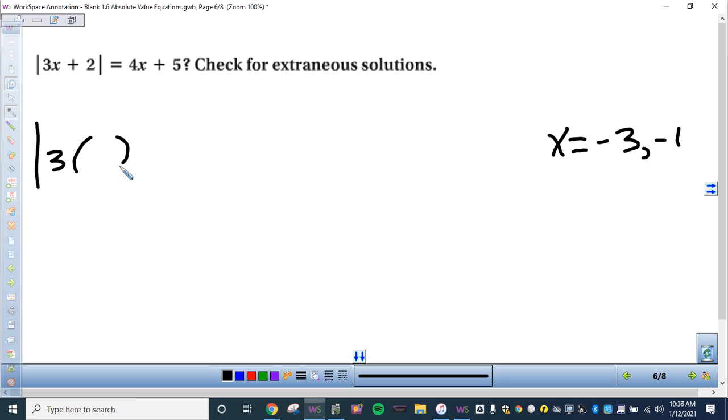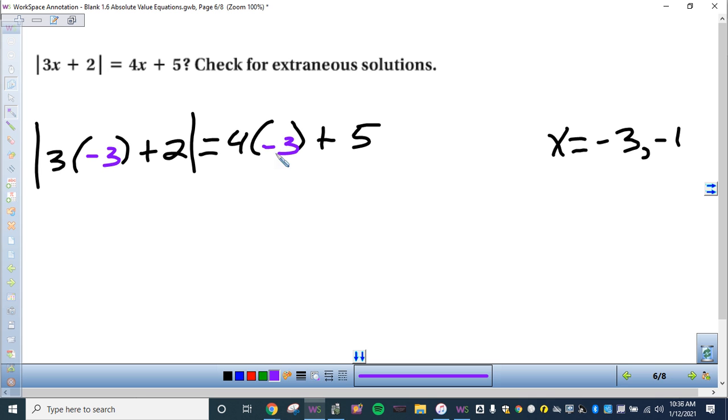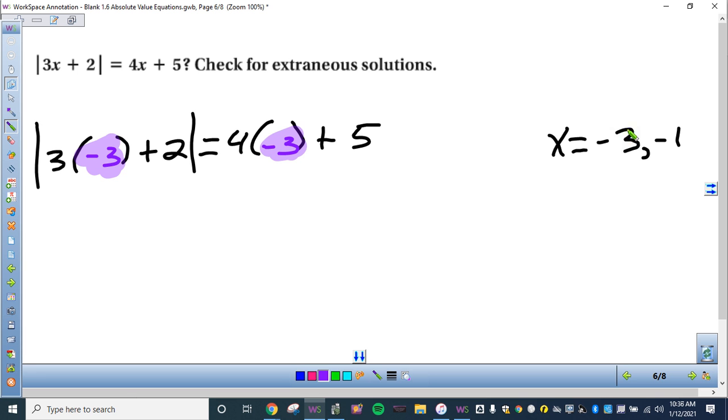And I'm just going to plug in this kind of shell thing and then plug in the numbers in a different color so you can see it more clearly. So I'm going to plug in the -3 here and here. So I always like to emphasize with the highlights so you can see, right, we're just plugging in the first of our 2 answers to see if it works.